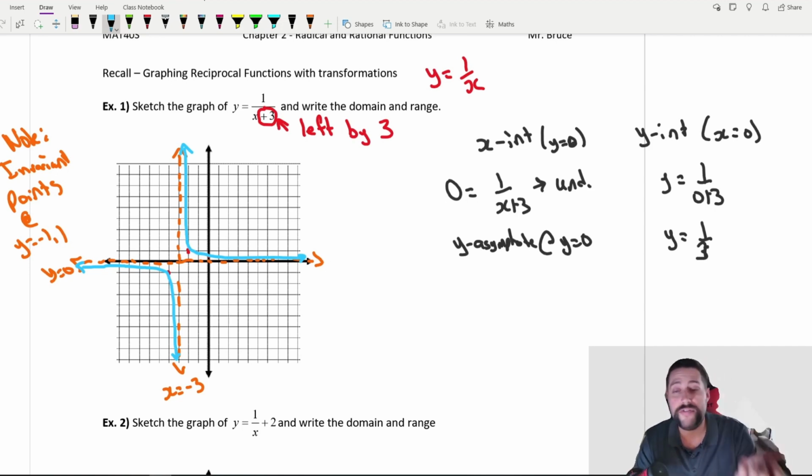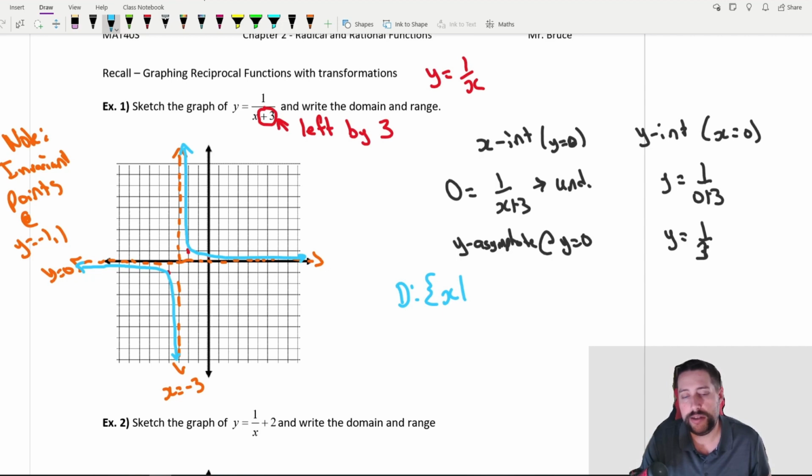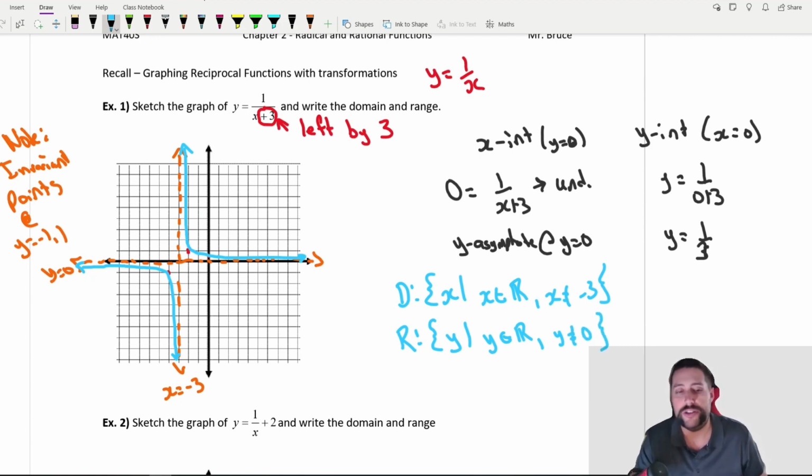If you want to state the domain and range, you can say that the domain is x such that x is an element of the reals. So x is every single number, but x cannot equal -3. You can say the same thing for your range, except with y: y can be everything, but y can't be 0. That's because of your asymptotes there.